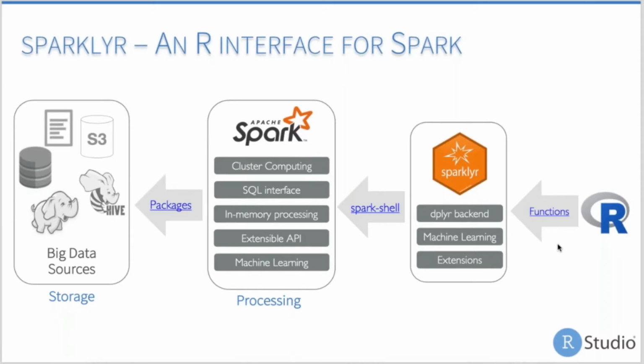I think it's really nice to mention that the dplyr backend does the SQL translation. That SQL statement gets sent to Spark. And then Spark, depending on the data source that's in the backend, like I mentioned, it could be Redshift, it could be S3, the file system, then does the appropriate data transformation or data selection to get the data back, right?